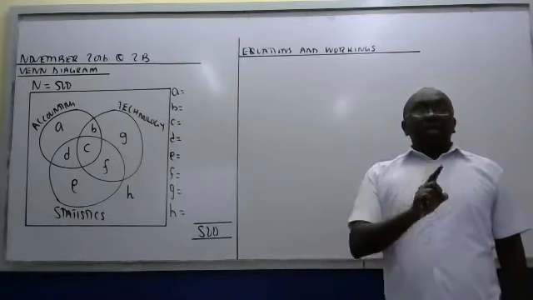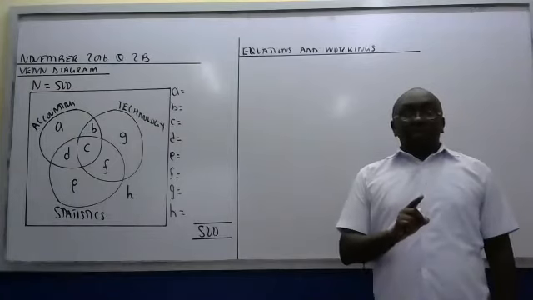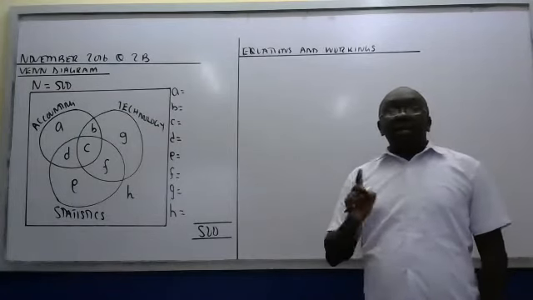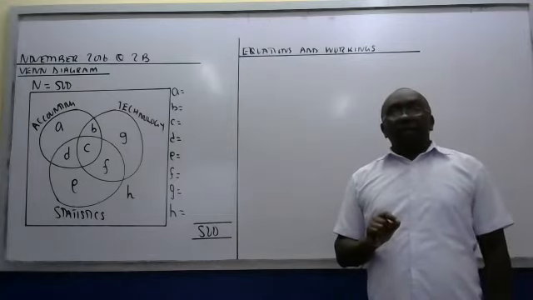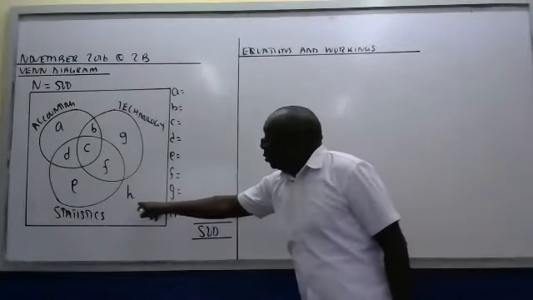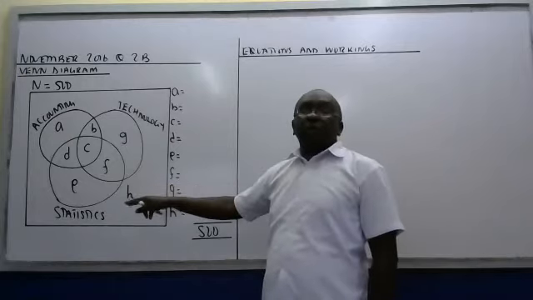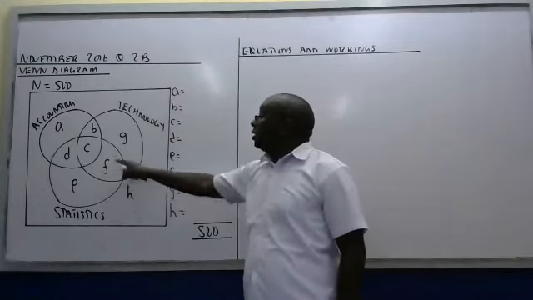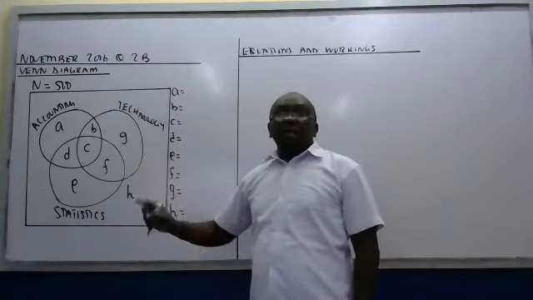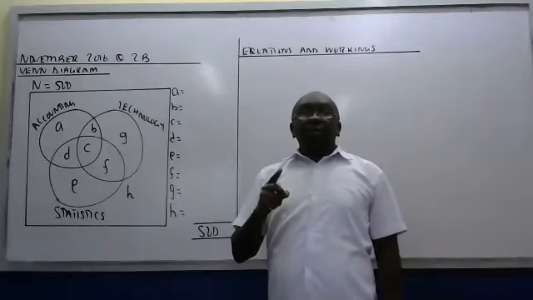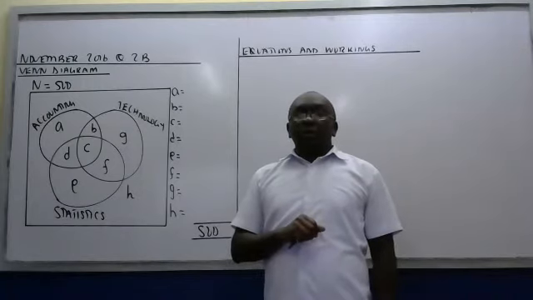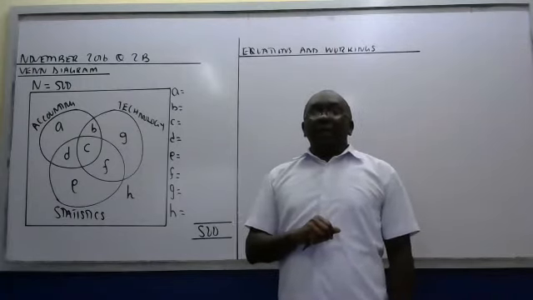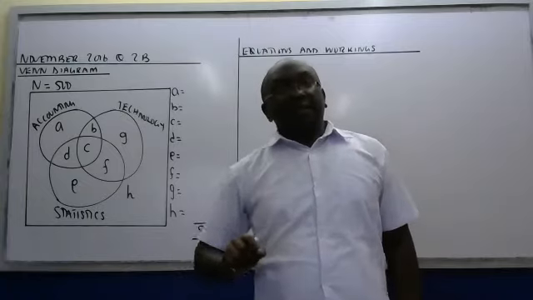And the second thing that we can establish is that this study involved students. So H, which represents non-students, because for you to be a student, you must be enrolled in one of the courses. It therefore means H must be 0.